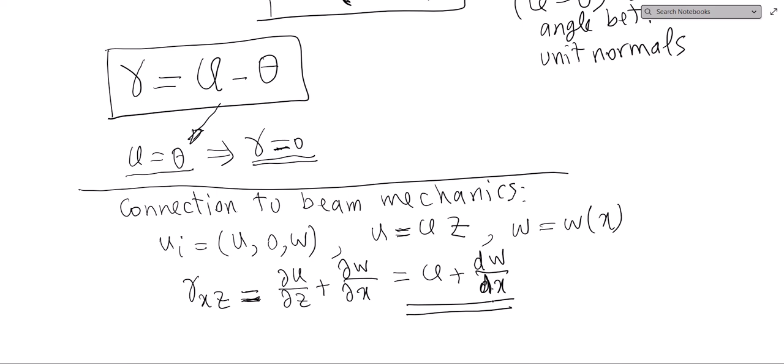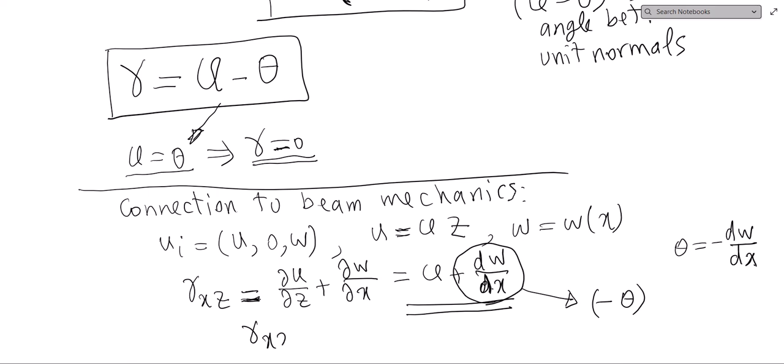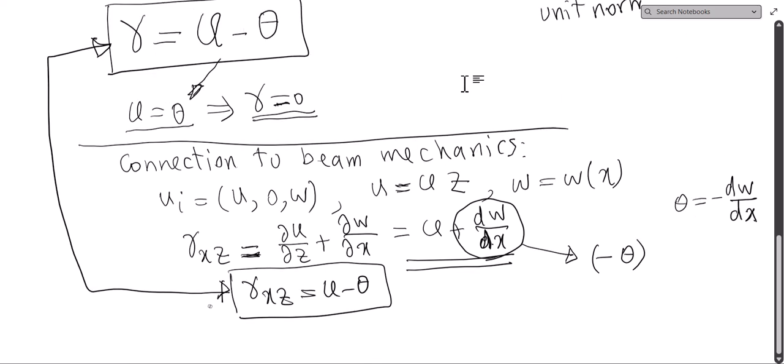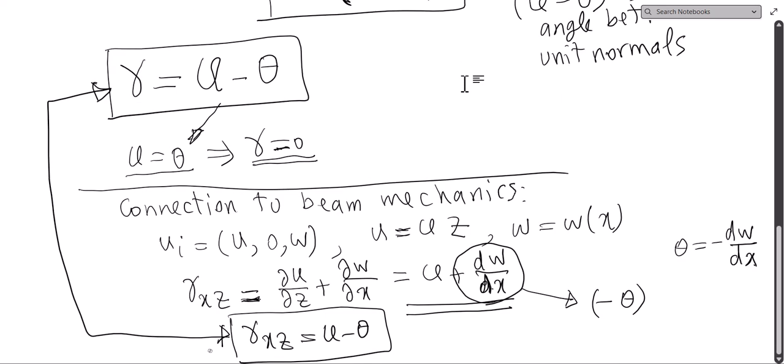But we know that this quantity is minus theta. You remember that we had theta is minus dw/dx. And if you now write gamma xz in terms of theta, it would be phi minus theta. And now compare this to this purely geometrical relation that we got here. And you see that these two are exactly the same quantity.